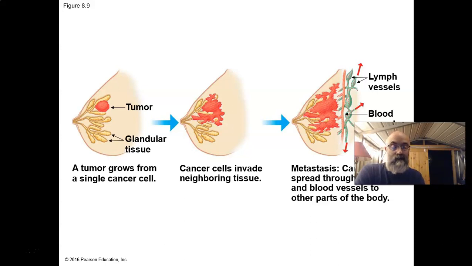Now, think about this. If I take a skin cell and a brain cell and a nerve cell from your body, they should all have exactly the same chromosomes. They should all have exactly the same DNA. All that DNA came from your sperm cell and the egg cell, and mitosis divides it.